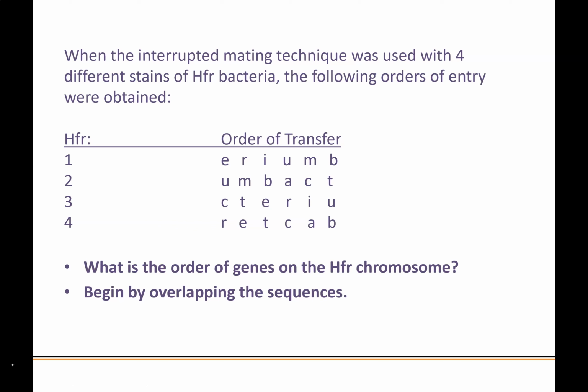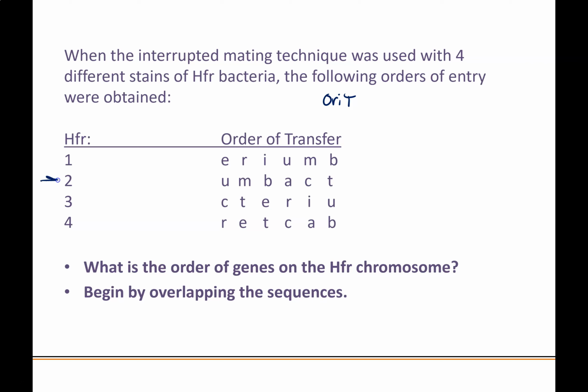Now, there are different origin sites, or different ORI-T sites, and each of these ORI-T sites is different for each of these strains of bacteria, but they have the same genes, and they're going to be in the same order. So we can look at this sequence, determine where they are overlapping, and actually determine our gene order.